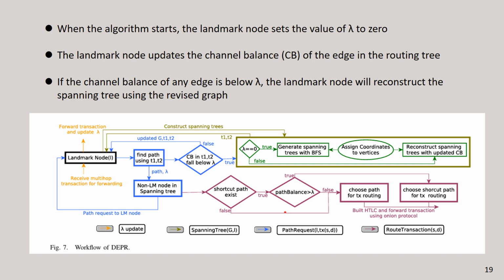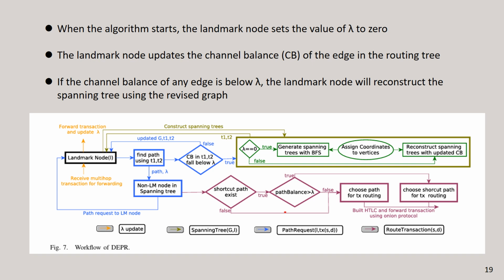Non-landmark nodes send a path request to the landmark node to complete the transaction. Path response: when responding to the path request, the landmark node uses the spanning tree to determine the path and sends the path along with the updated lambda value back.